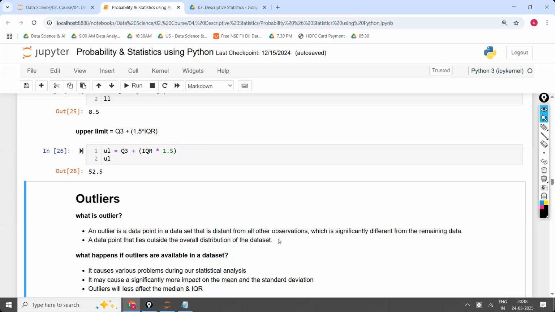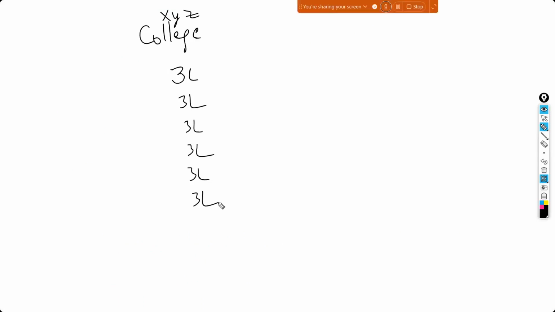Now, sir, if an outlier is there, what is the problem for you? Let's see. There is one college, some college name, XYZ college. In that college, 10 students got placed. 3 lakhs, 3 lakhs, 3 lakhs, 3 lakhs, 3 lakhs, 3 lakhs, 6, 7, 8, 9, and one student got 30 lakhs. Now, first question, sir, how is this possible?